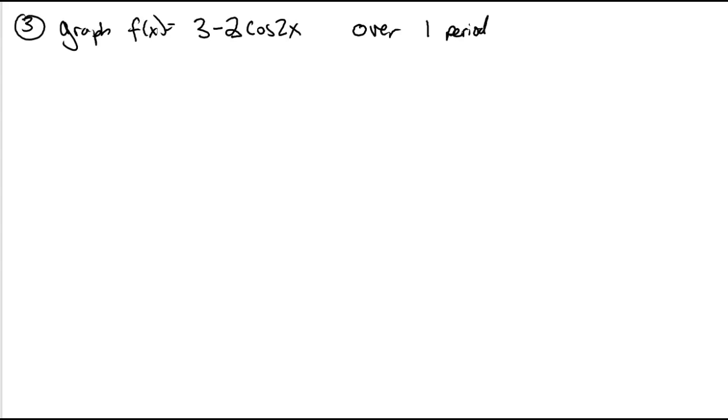Now for this problem, I noticed that the 3 minus 2 is in front. This value right here is your D value. D can either be at the beginning or at the end. It's whatever's being added. So I always like to rewrite this problem so that it looks like the equation I started off with.